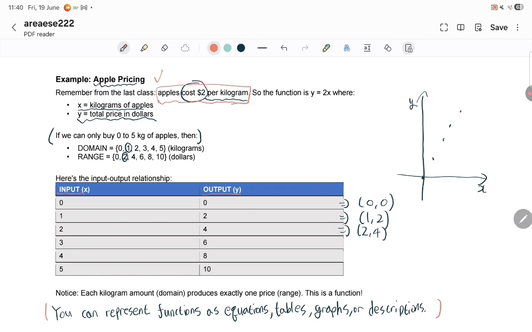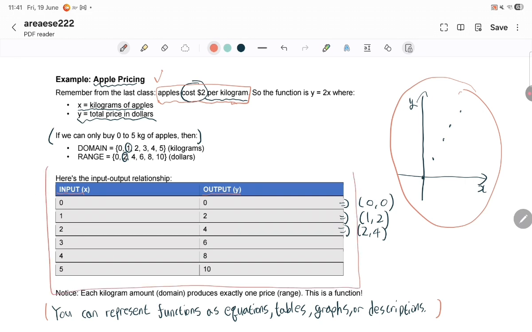Even if you have only this information, you should be able to make this graph on the Cartesian plane, and this table and this equation, or vice versa.